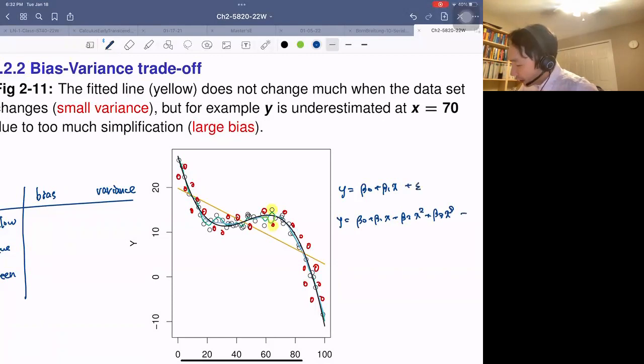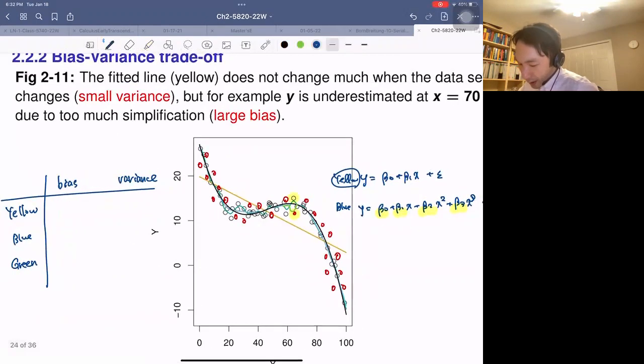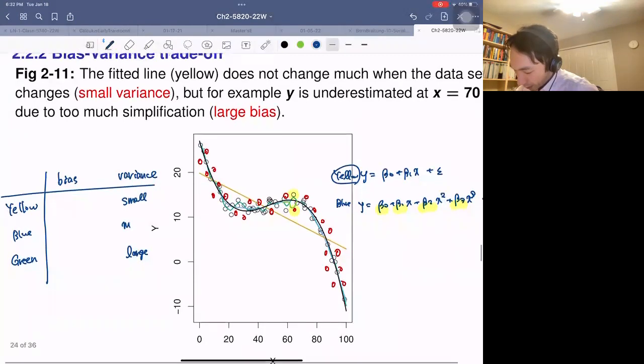If you compare the yellow one and the blue one, the yellow one is more stable because we only have 2 parameters. If we estimate 4 parameters, often these have larger variance and are not significant, right? So actually the yellow one has the smallest variance in this case. So I would say the yellow one has small variance, the green one has larger variance, and this is in the middle.